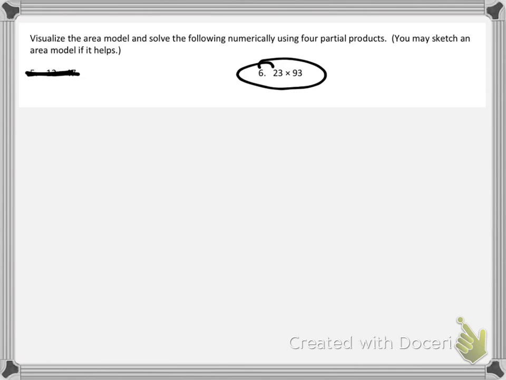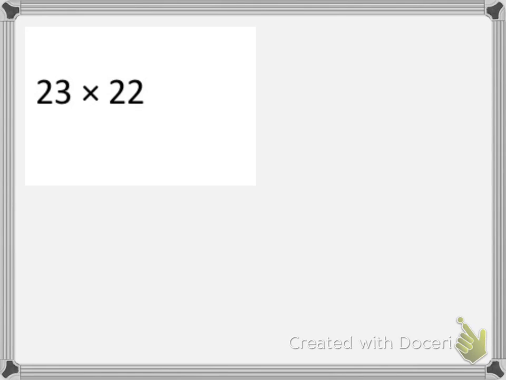Now, try to visualize the area model and solve the following numerical using 4 partial products. But if that area model still helps, use it. But please bring in all your work tomorrow for 23 times 93. And your last one, 23 times 22. Create an area model and solve your 4 partial products, and please bring in your work to show me tomorrow.